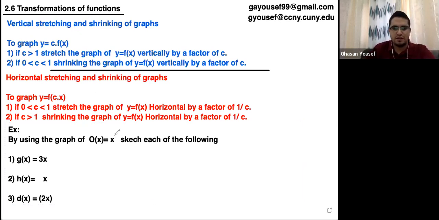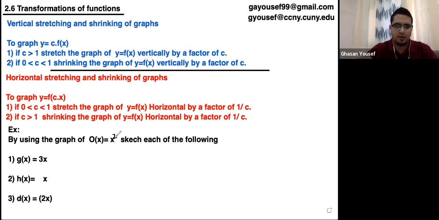So here I have the original function, x squared. Here I have x squared, and I need to graph the function g of x equals 3x squared.